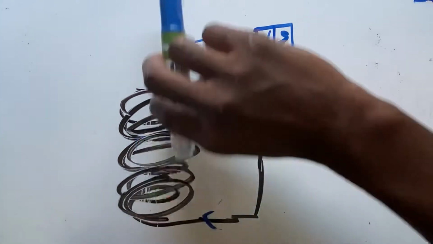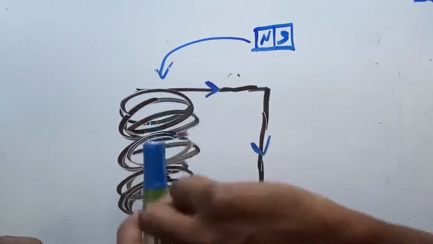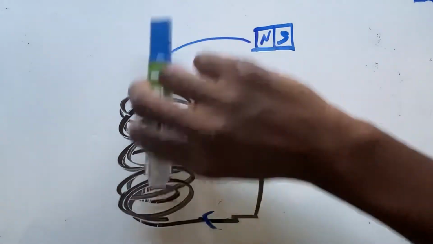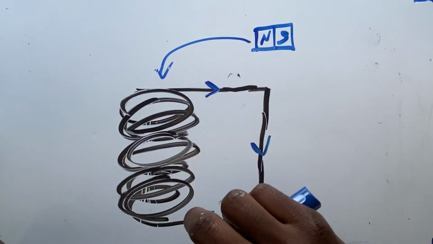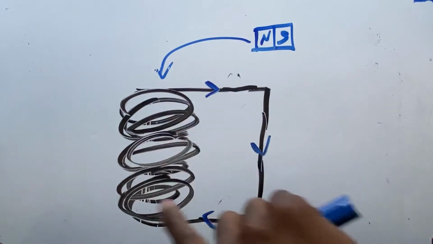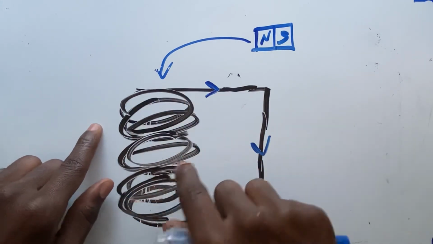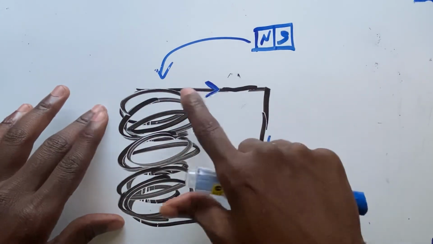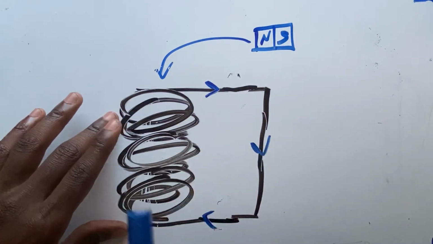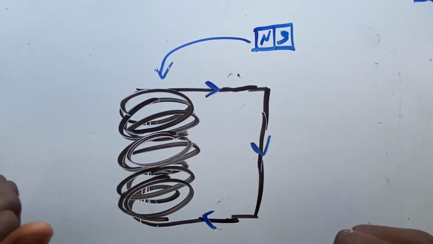We can increase the movement of the magnet, or the change in the magnetic field. It's basically what's happening here, because the magnetic field is changing inside of this loop. So the faster we change the magnetic field, the more the current's going to be. Or we can add more loops, and then when we put our magnet through it, an even greater amount of current will be produced.